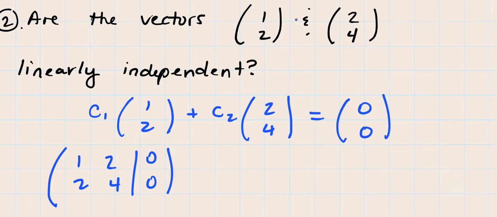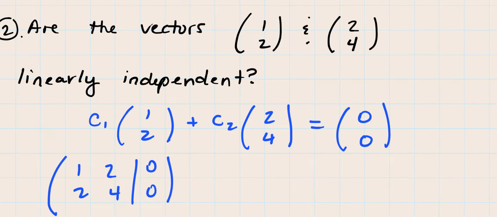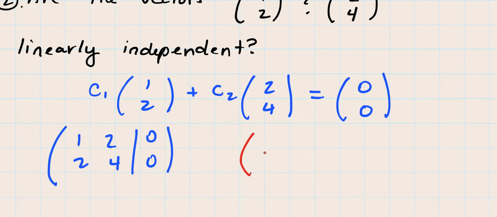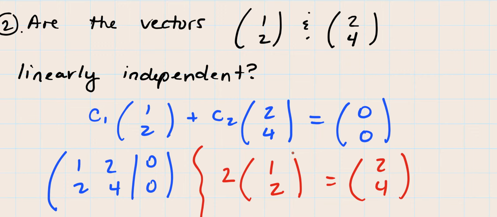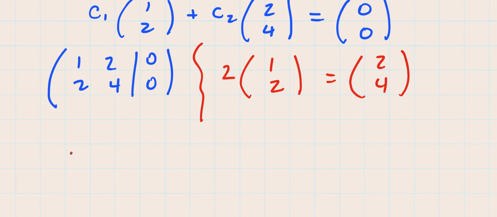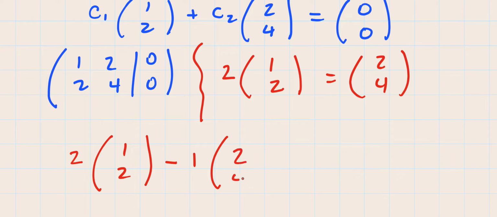But you can also notice just by looking at these, 1, 2, let's put this in red here. 1, 2, if I multiply that by 2, that gives me 2, 4. So I can just subtract 2, 4, and I'll get 2 times 1, 2, minus 1 times 2, 4.